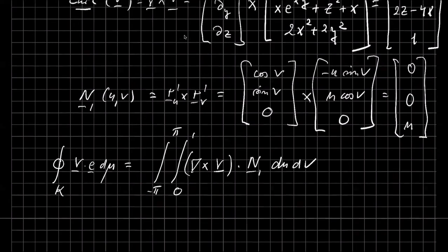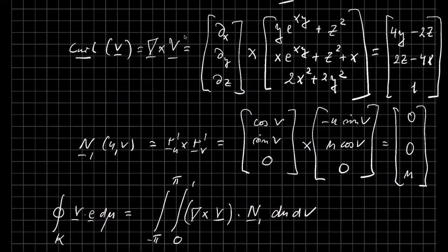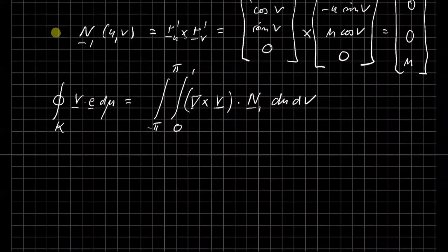But when you look at it, here you have the curl, and here you have the normal vector. When you take the dot product, because you have the two zeros in the normal vector, you simply get u as the integrand. So this integral is the integral from minus pi to pi and from 0 to 1 of u du dv.